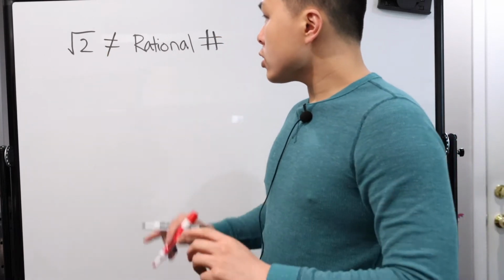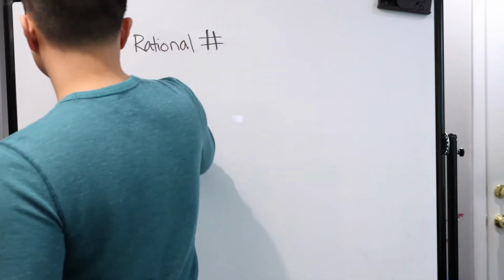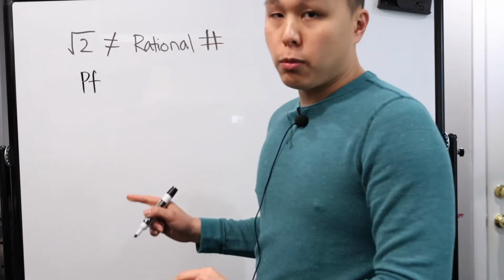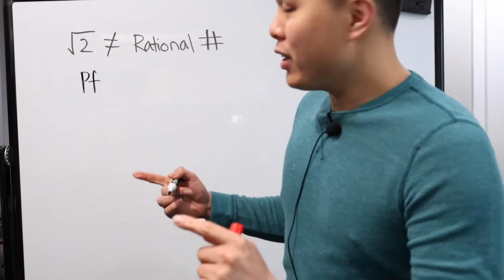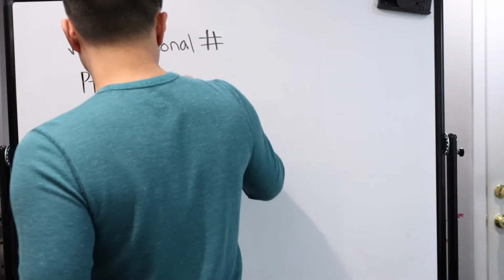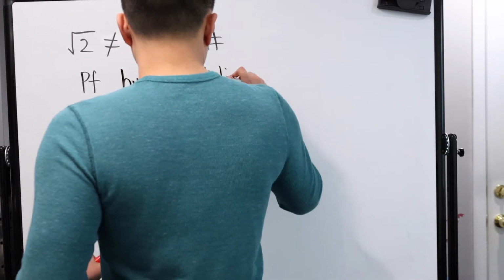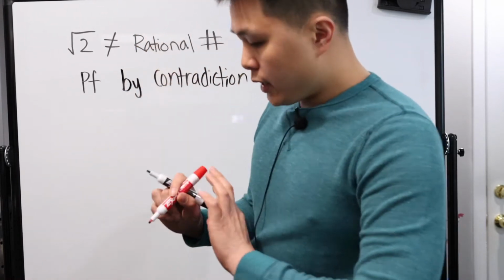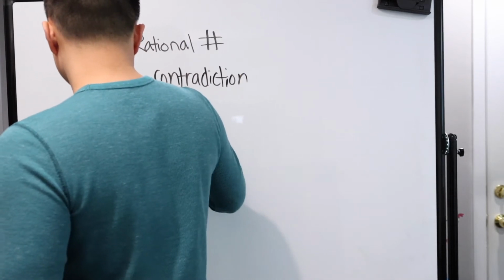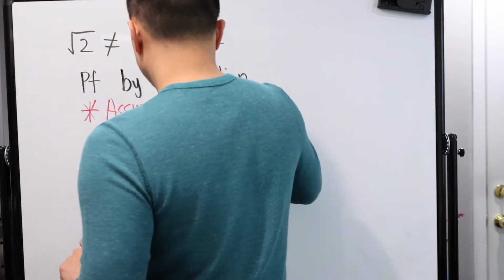So today what I'm going to use is basically called proof by contradiction. And I'm going to go into extensive detail in the future on this particular proof concept because I love it, right? Proof by contradiction. Now, the key is you assume the opposite. You assume the opposite is true. Okay?